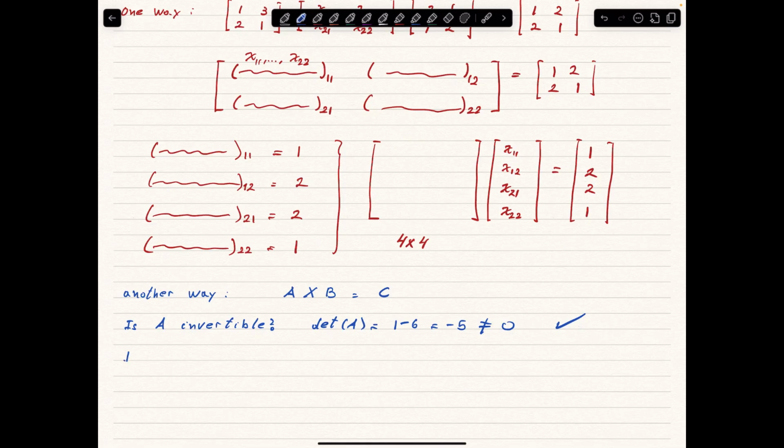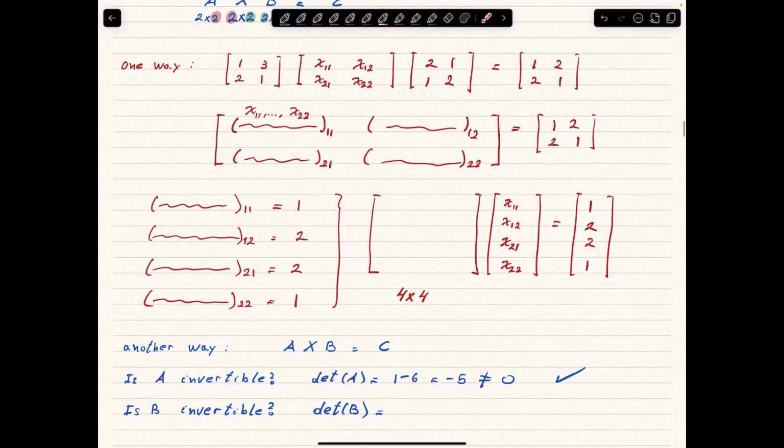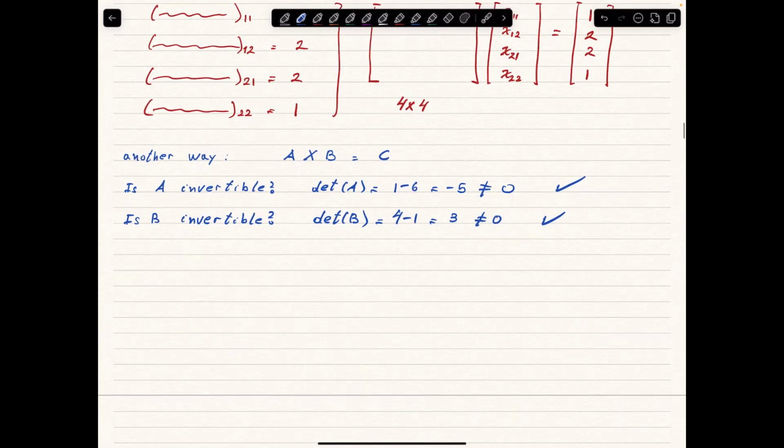And what about matrix B? Is matrix B invertible? Well, we compute the determinant of matrix B, which is this matrix here, so 4 minus 1, so it's 3, different from 0, so yes, they are invertible.